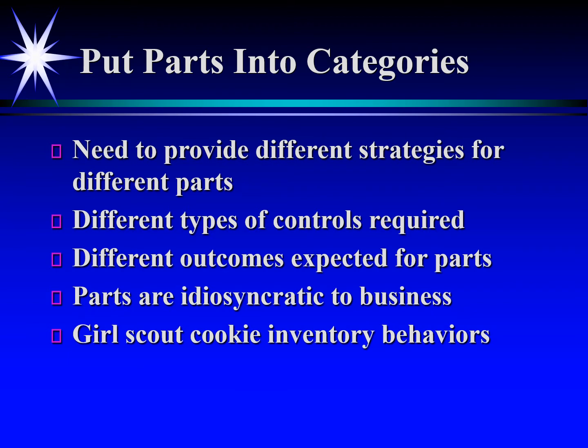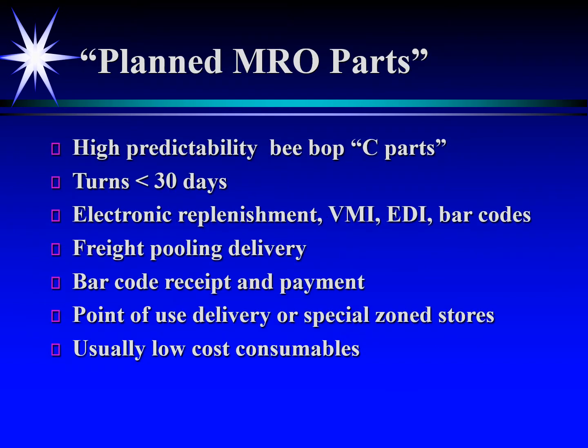We discussed this before: different strategies for different parts, different controls, different outcomes. Parts are idiosyncratic to business, okay? And this is facetious, Girl Scout cookie inventory behaviors: you build up an inventory just before you have to sell, and then it drops to nothing.